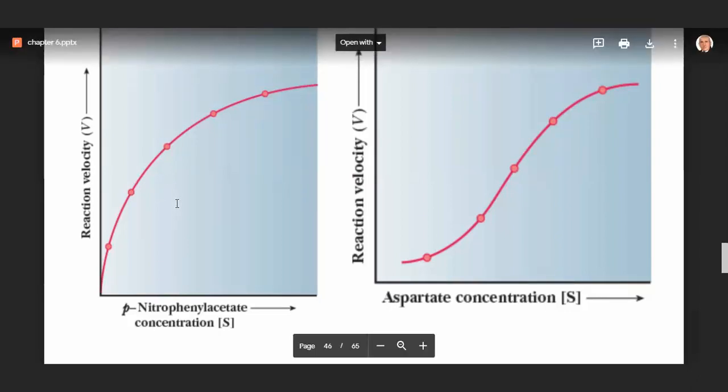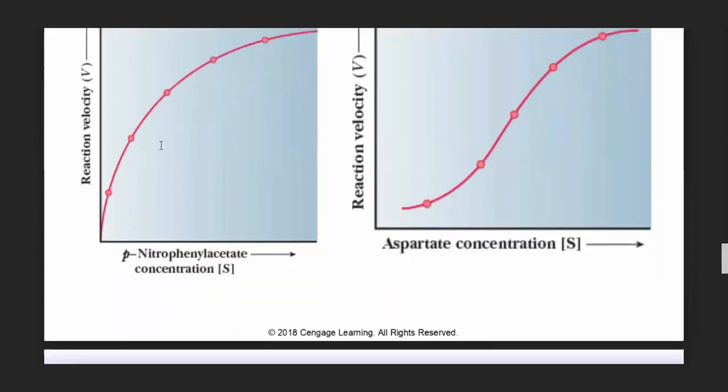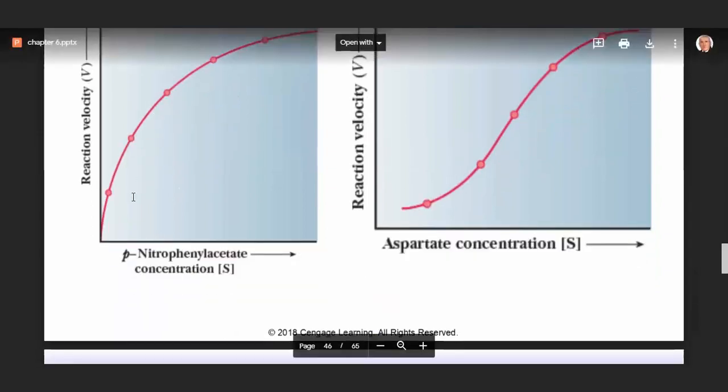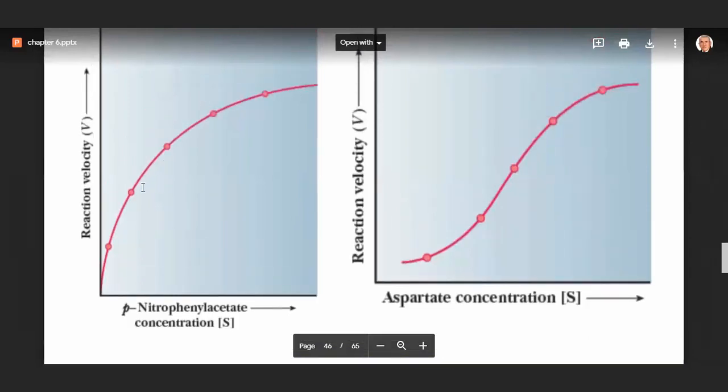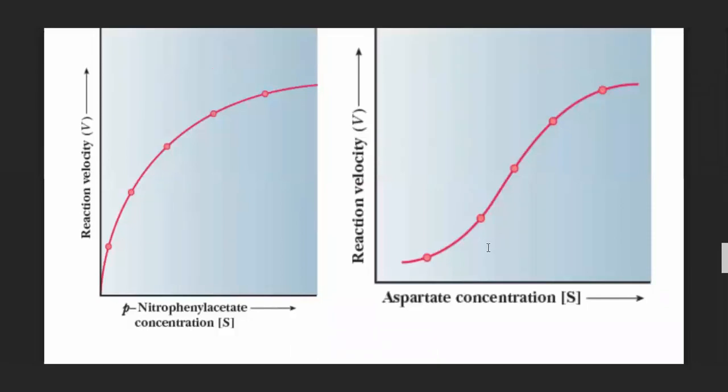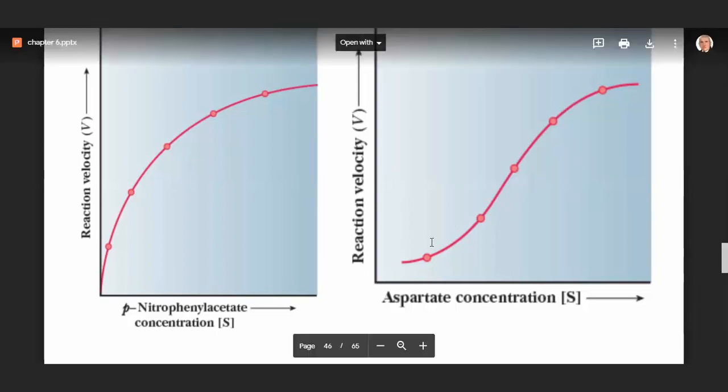This is our conclusion. Chymotrypsin and myoglobin are non-allosteric proteins because they produce this hyperbolic type of curve, whereas both the enzyme aspartate transcarbamylase and hemoglobin, these two are allosteric proteins because they produce sigmoidal type of curve.